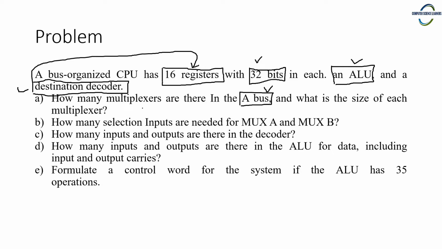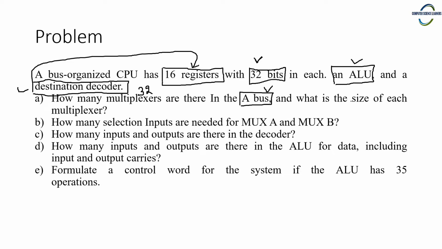So to get 32 bits on the common bus line, we need how many multiplexers? The number of multiplexers is equal to the number of bits in each register. So it is going to be 32, right?